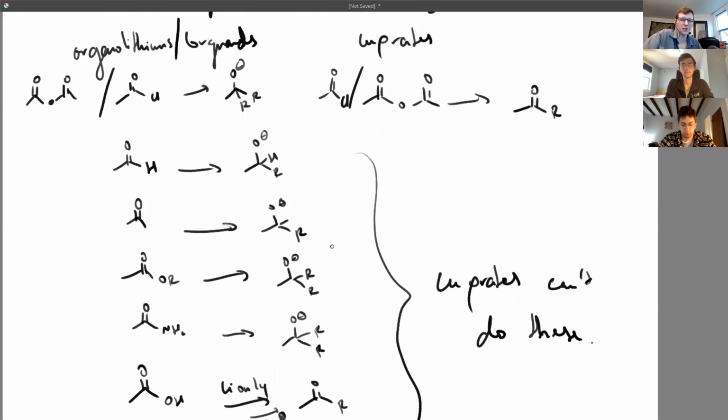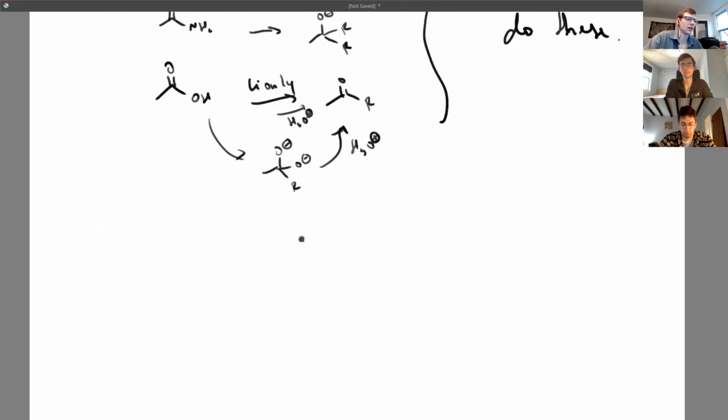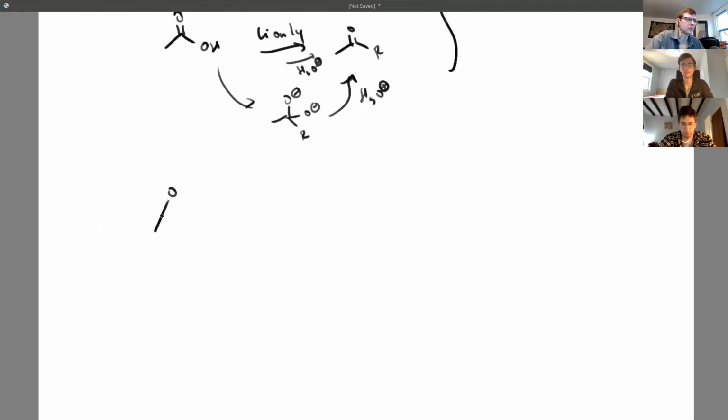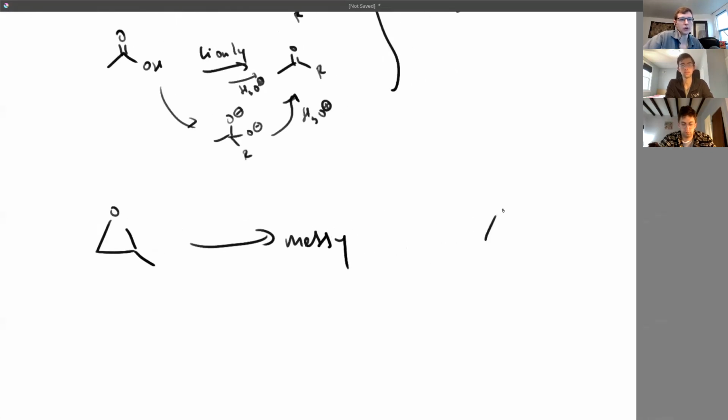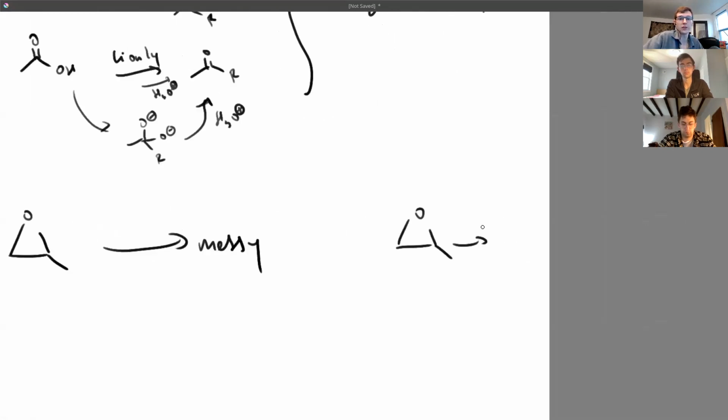There's some other nice stuff about cuprates, some other reasons that we actually use them and think that they're good. So if you have a substituted epoxide, this is going to make a mess. But cuprates will react selectively.